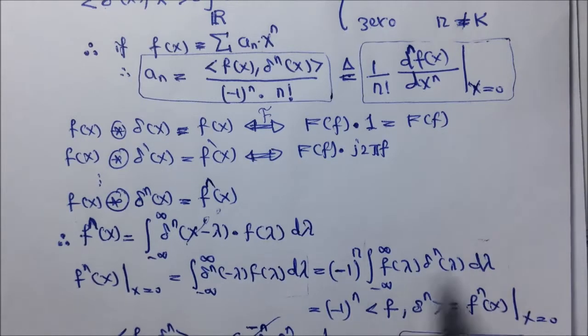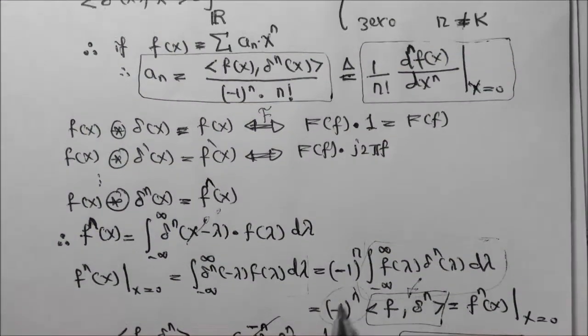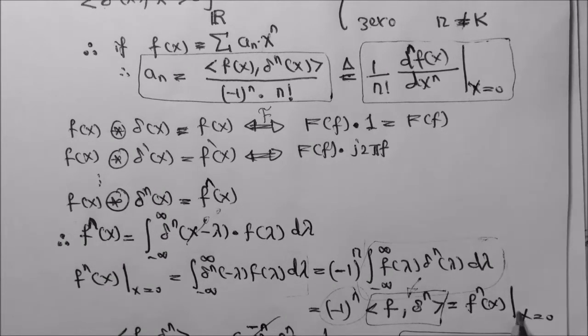This integral simply represents the correlation between the nth derivative of delta and f. So that is replaced by a correlation, and this is minus 1 to power n. And then this is equal to the left-hand side, which was the nth derivative of f of x evaluated at x equals 0.